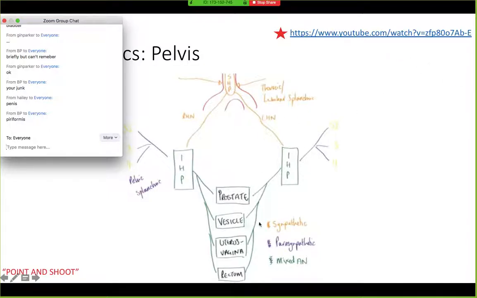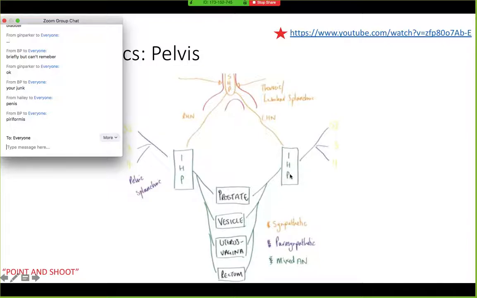Okay, so we'll start down here. So your organs inside the pelvis, or the viscera, they have mixed autonomic fibers that make up these plexuses that are specific to the organ or the tissue. Okay, and these mixed fibers are coming from the inferior hypogastric plexus.